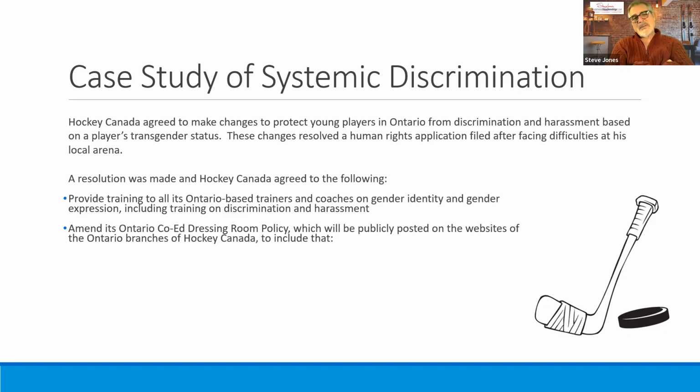And so what was happening was some transgender young people who identified as a different gender than that which they were born with were forced to play in sports, boys in boys groups, girls in girls groups. They were forced to use the same change rooms and so on. And it went to court, and basically they resolved it.